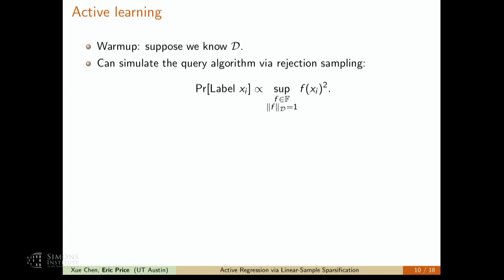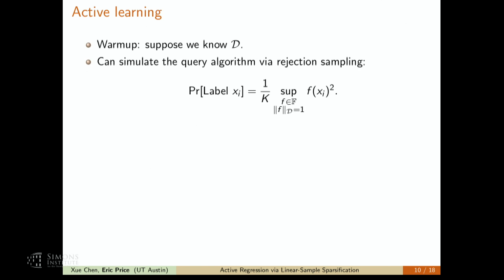Proportional to this means the probability has to be less than 1, so the scaling factor is dividing by the maximum value this could take. The maximum value this could take is exactly k. So we're going to label each point x_i with probability equal to 1 over k times this sup.